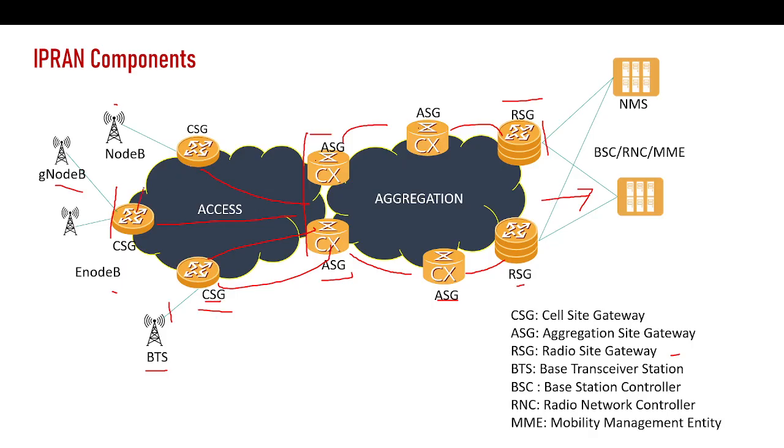And you can see from this topology that they are forming a ring. So we have a ring of CSGs connecting to the ASG. We have a ring of ASGs connecting to the RSGs, just for redundant reliability of the network. So we have the CSG, ASG, RSG, and then we have the controllers. These are the main components of the IPRAN network.